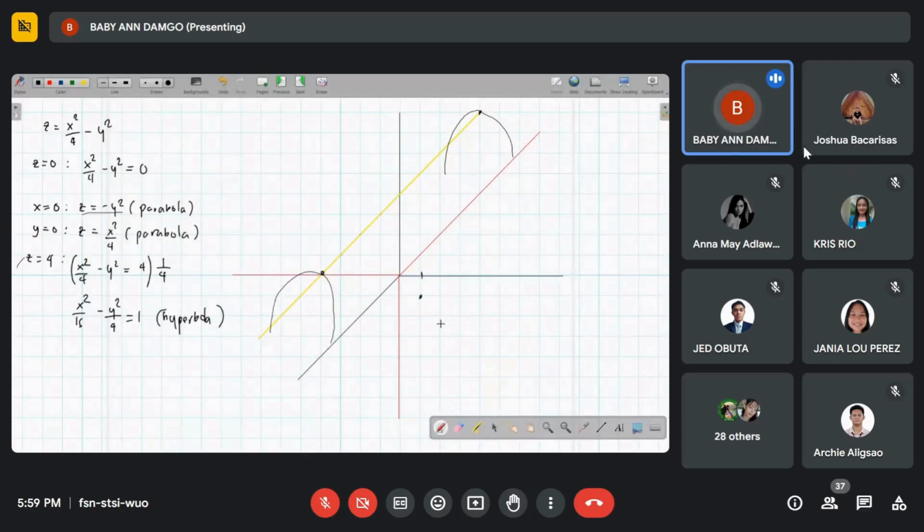So, 1, 2, 3, 4. Okay? And then when y is negative 2, so z is negative 4. So we graph this.